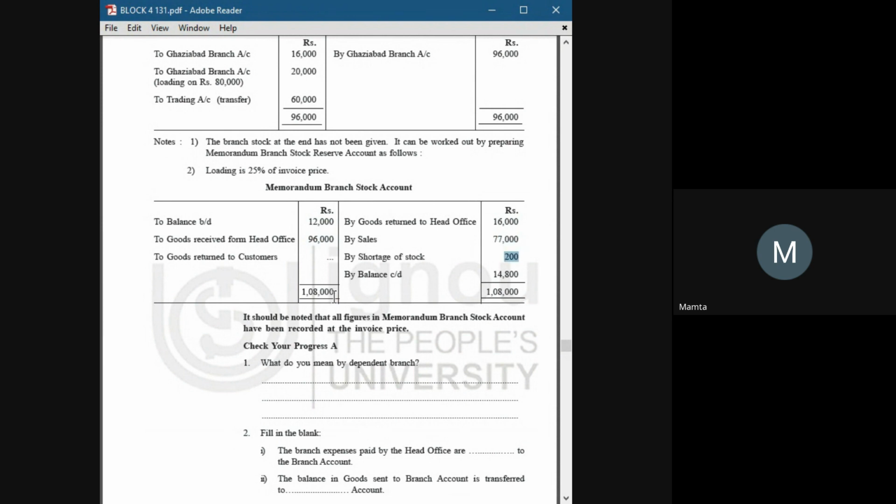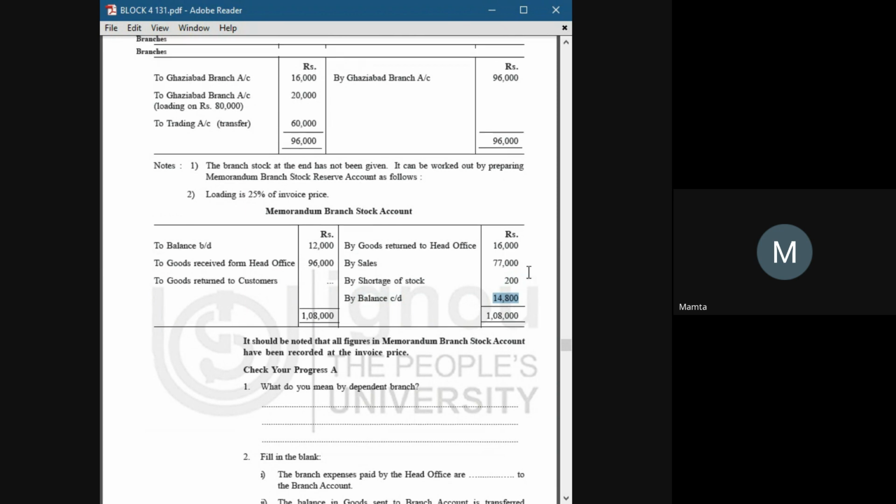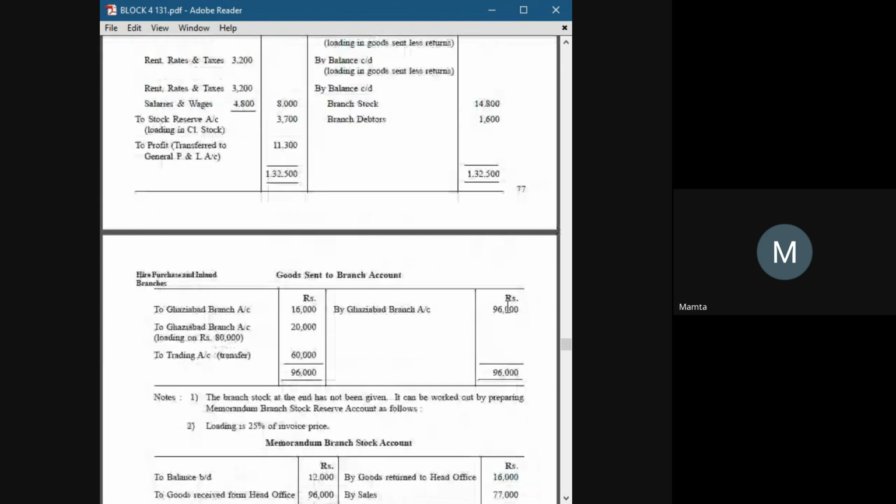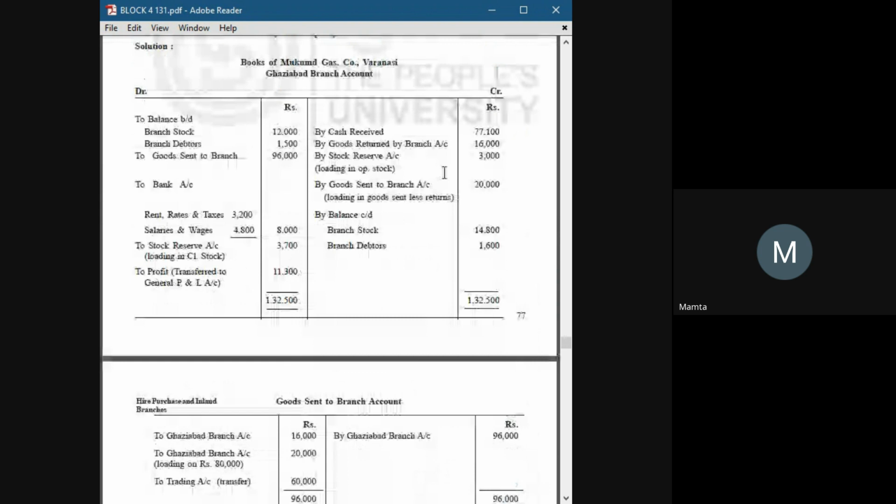When you calculate both sides, it will show a debit balance of 14,800, which shows we have stock of 14,800 remaining at our branch. And it is mentioned here. That's how we create the invoice branch account.